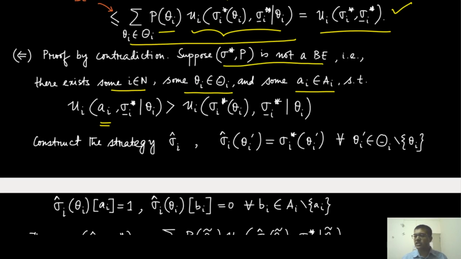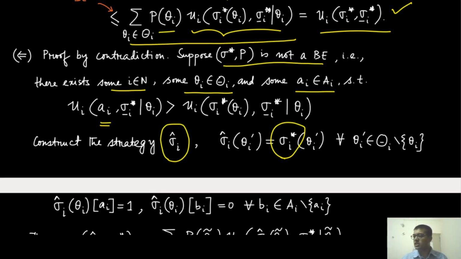And now the job is to construct a specific sigma i hat, such that you can show that it is actually doing better than the claimed Nash equilibrium. So the sigma i star, if we can show that for player i at least it improves the expected utility, then we can say that this is not going to be a Nash equilibrium for player i either.